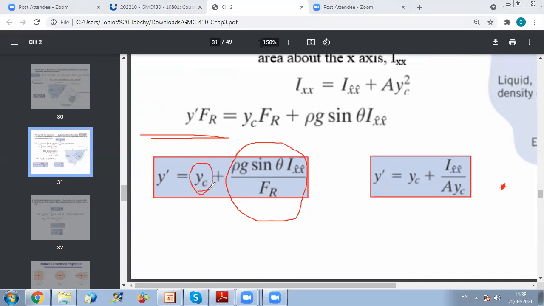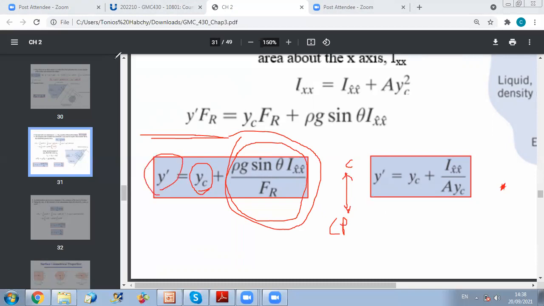You can use any formula you want, just understand what each term represents. This term represents the distance of the center of pressure below point C, while if you add YC to it, then you are measuring its position from the free surface.